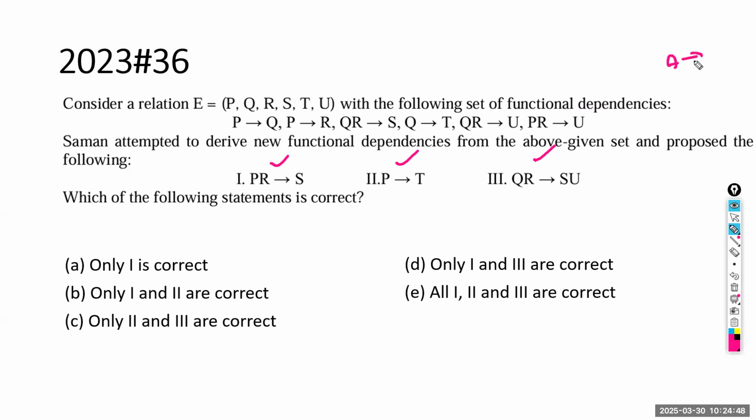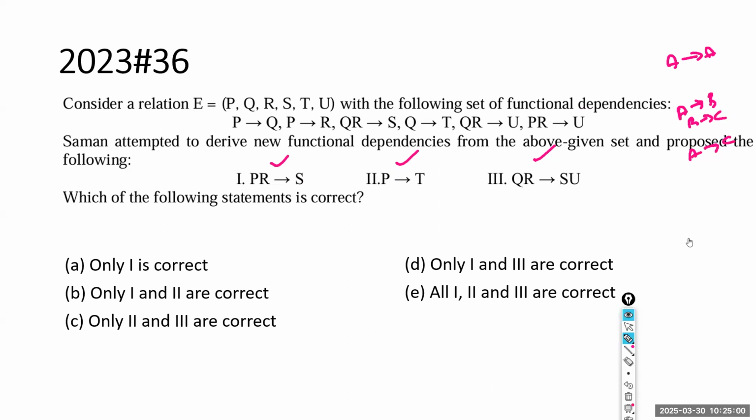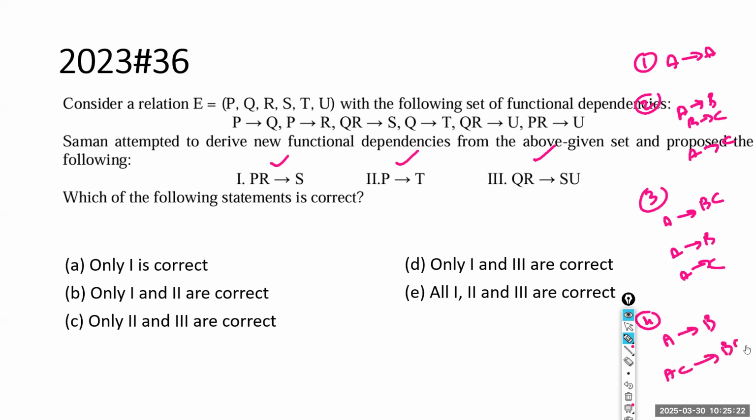A determines A, reflexivity. If A determines B, and B determines C, we can say A determines C. That is the second one. Third one, if A determines BC, we can say A determines B and A determines C. If A determines B, then AC determines BC.